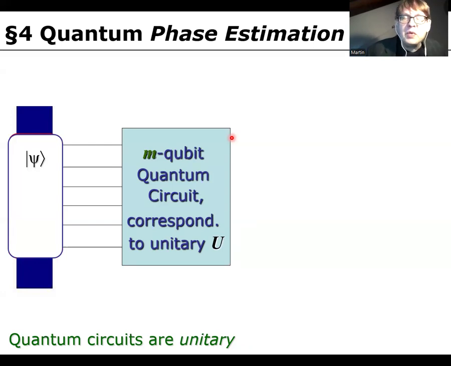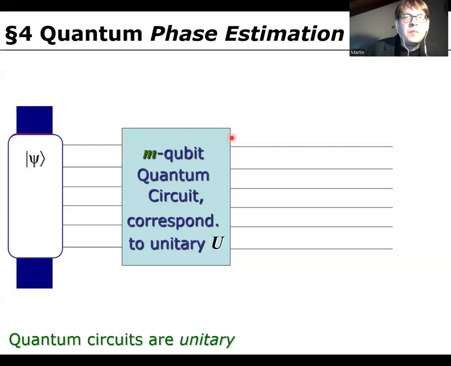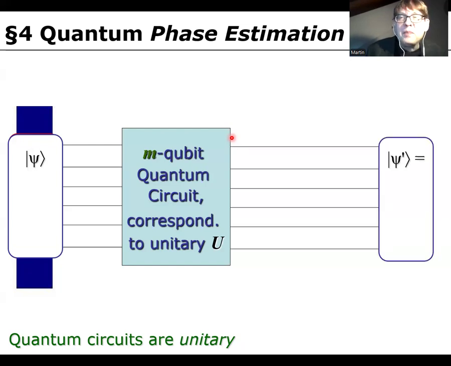So here's some input vector from the Hilbert space, and the output is another vector psi prime in the same Hilbert space.